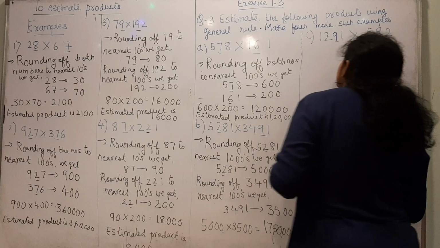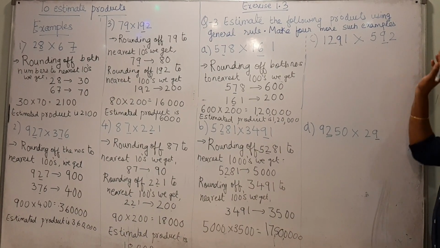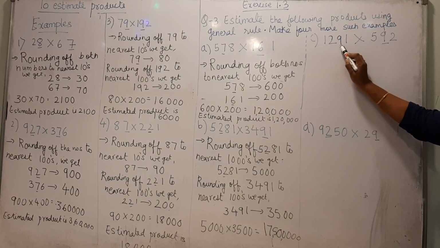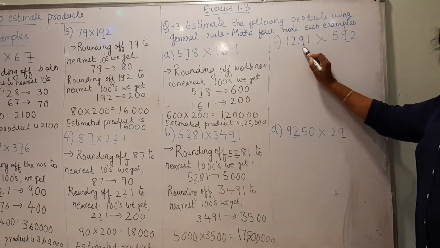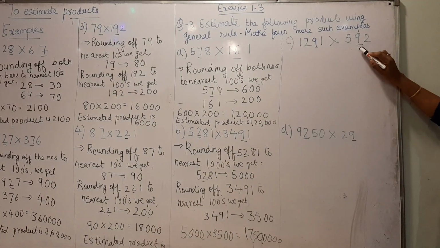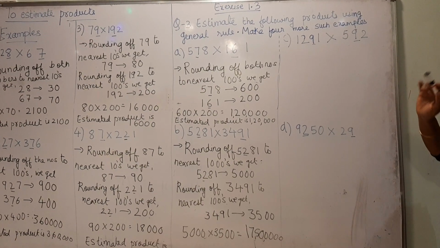Now another is 1291 into 592. You can round off 1291 to the nearest thousands, you will get 1300. This you can round off to the nearest hundreds, you will get 600. Multiply it.